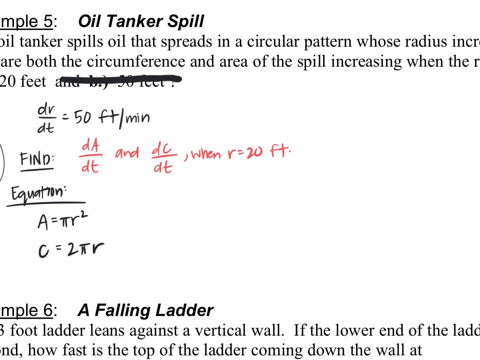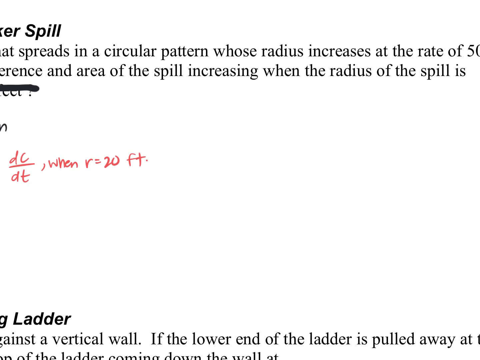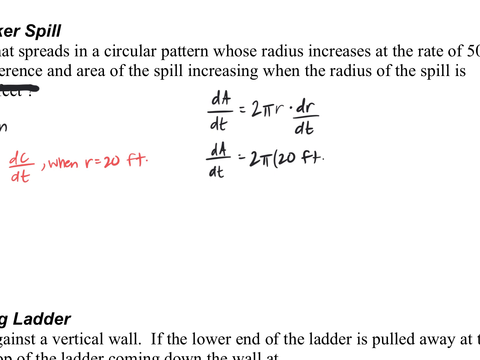So let's go ahead and take the derivative of my area. dA/dt is equal to 2 pi r times dr/dt. Now I can plug in all the information that I know. dA/dt is equal to 2 pi times 20 feet times 50 feet per minute.